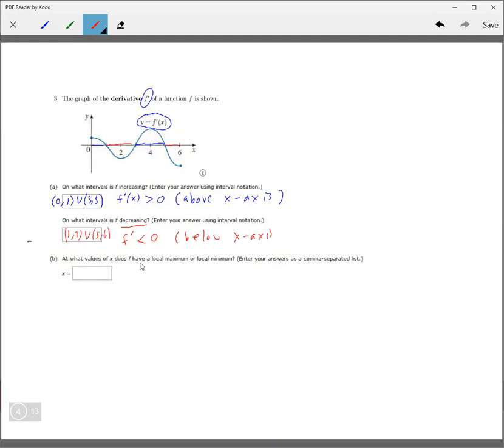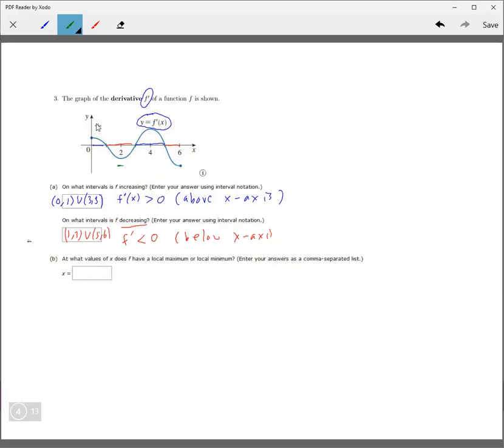Okay, what values of x does f have a local maximum or local minimum? So now here we're going to use the first derivative test. If you think about right here, the derivative is positive. Here the derivative is negative.